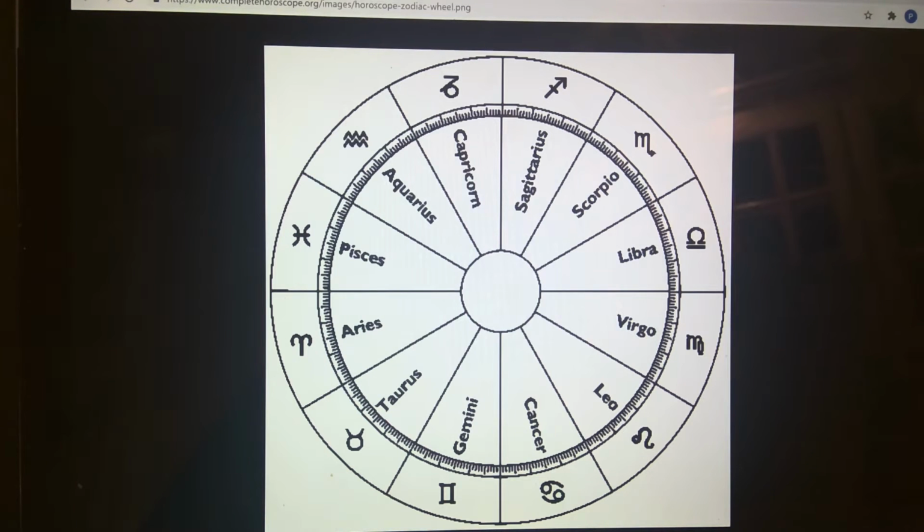And those slices have the names of the zodiac signs in them. There are 30 hash marks within each slice, again, bringing you to 360 total. There are 12 slices, 12 months. That's almost like a 365 day calendar.